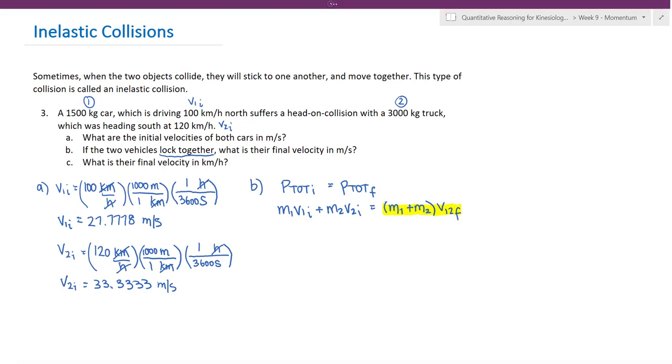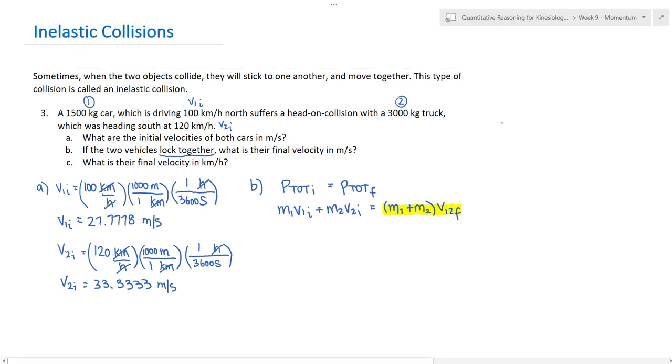Okay, so on this side, I'm just going to write the formula for momentum is equal to mass times velocity. So that's why our momentum is being replaced by mass times velocity for each object. But in the final condition after the collision, we really only have one object now because the two masses are stuck together. So we're going to solve for what we're looking for.